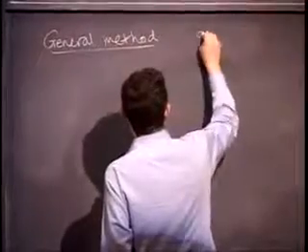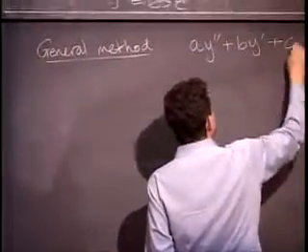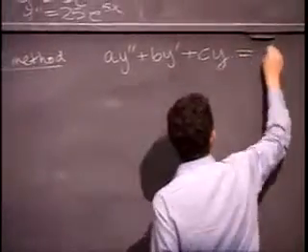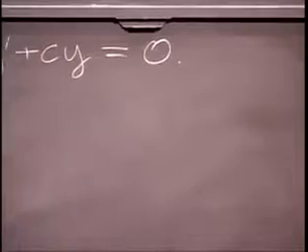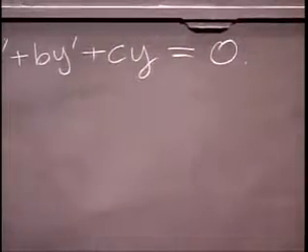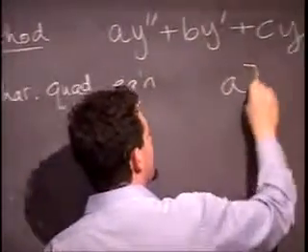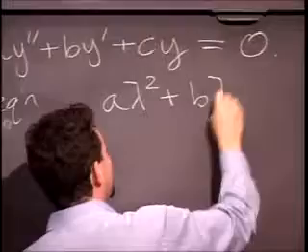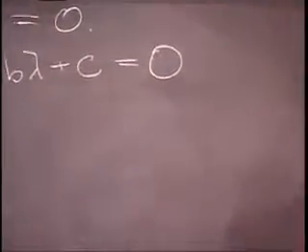So you have the equation ay'' plus by' plus cy equals 0. And what you do is you write down the characteristic quadratic equation, which is a lambda squared plus b lambda plus c equals 0, and you try to solve it.